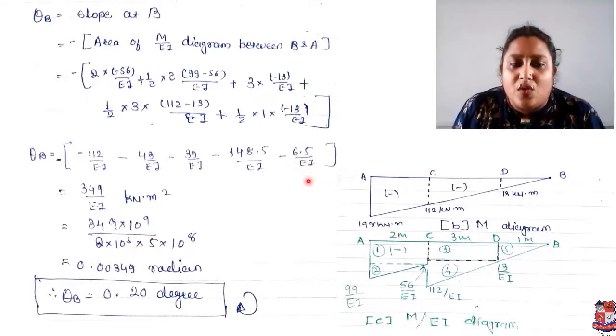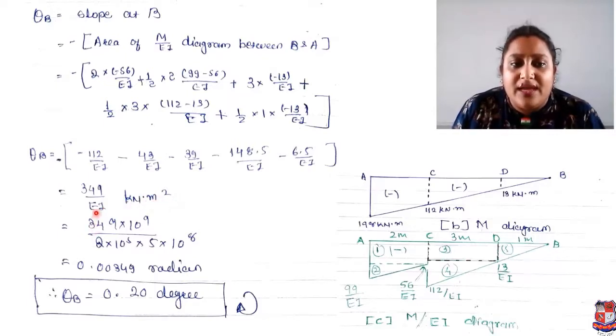Simplifying that, it will be 349 upon EI kilonewton meter square. Here the term is negative, so the negative will become positive: positive 349 upon EI kilonewton meter square.